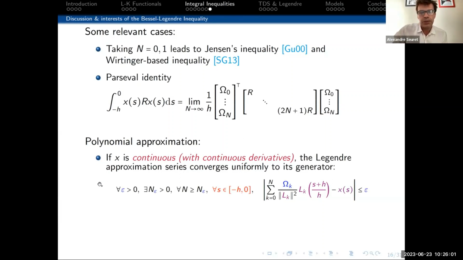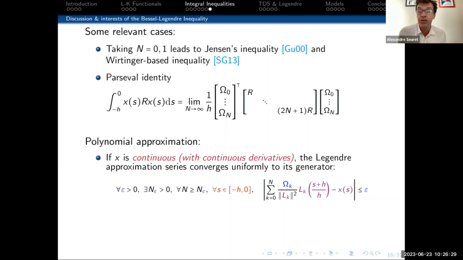And more recently, we have used the link with polynomial approximation, because if you have some smoothness properties of the function x, so basically the function is continuous, and if it has a continuous derivative over the delay interval, then the Legendre approximation converges.